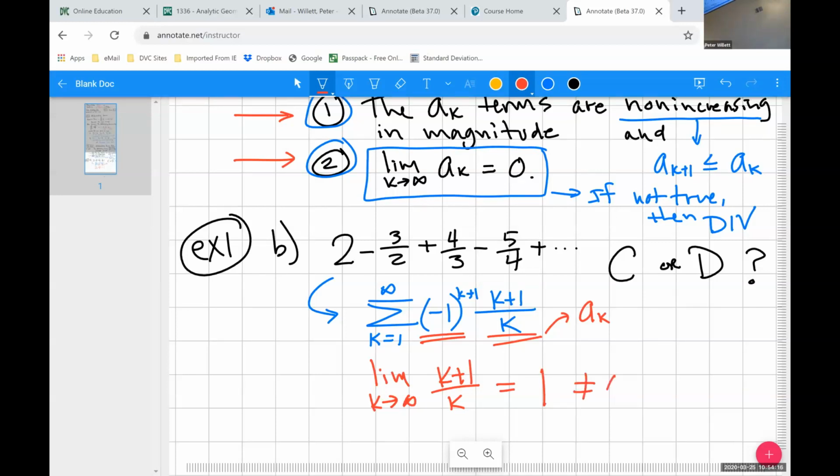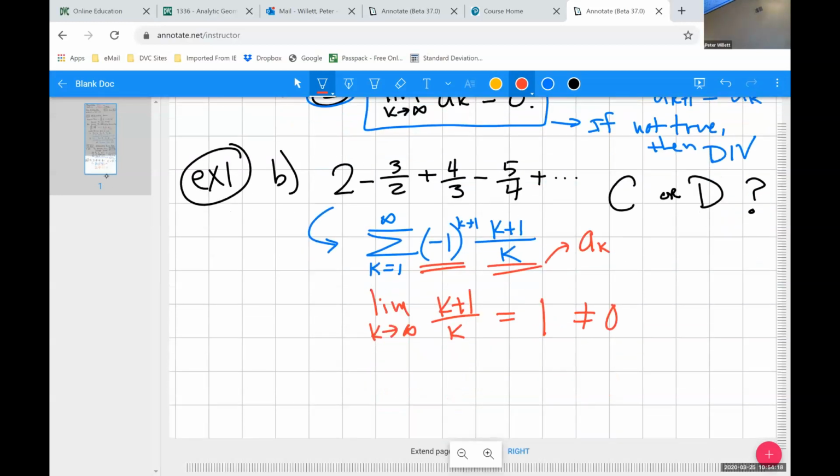And that's not 0. Therefore, this diverges by the divergence test. So that's the correct conclusion, Cielo, as well as the perfect logic that got you there as well.